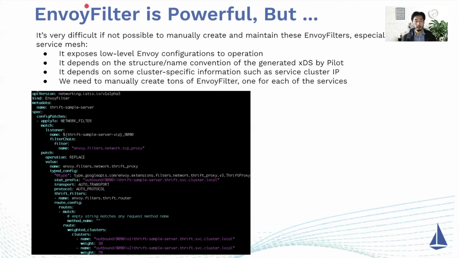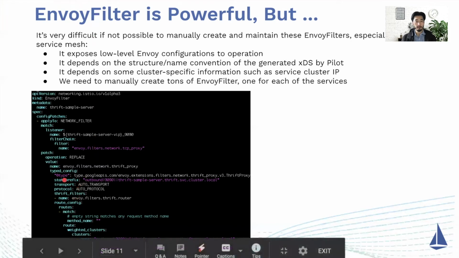You also have to know all the trivial details in the low-level Envoy configuration in the Thrift proxy, like the type, the protocol, the route configuration, so you know how to write the patch part of the Envoy filter.